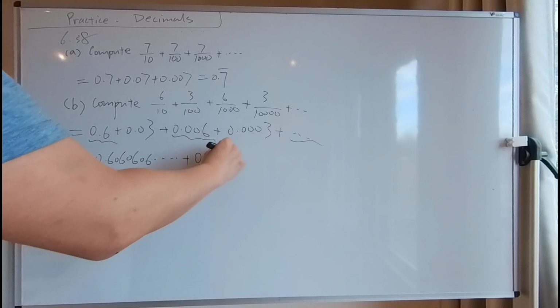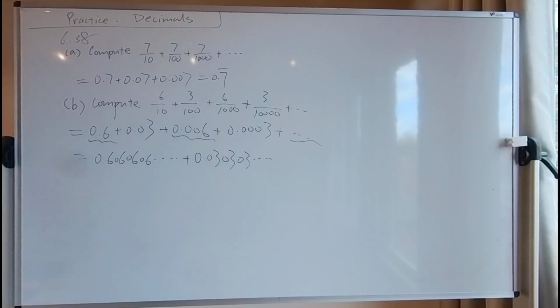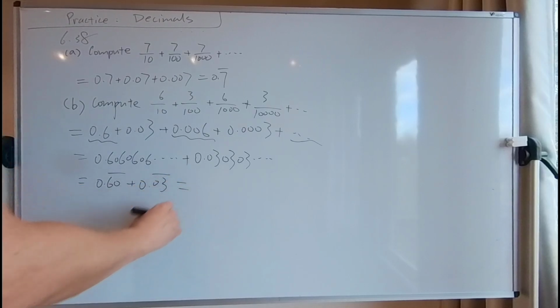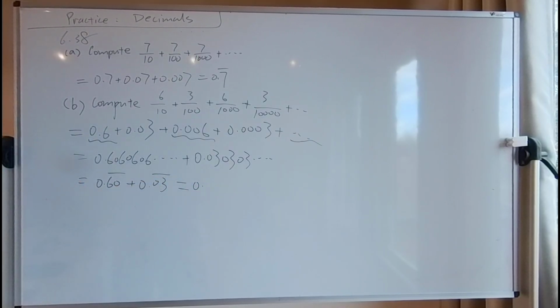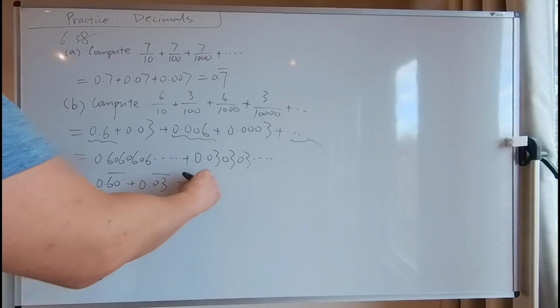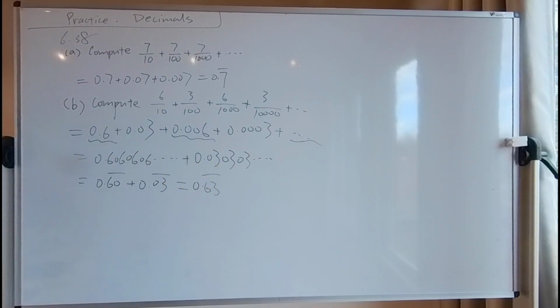I will have a 0 in between, and 3, then 0 and 3, and keep going. So this would be 0.60 with 60 repeating, and 0.03 with 03 repeating. Now I can put them together, the same as simple addition. So I'll have 0.63 repeating. So it's two digits repeating.